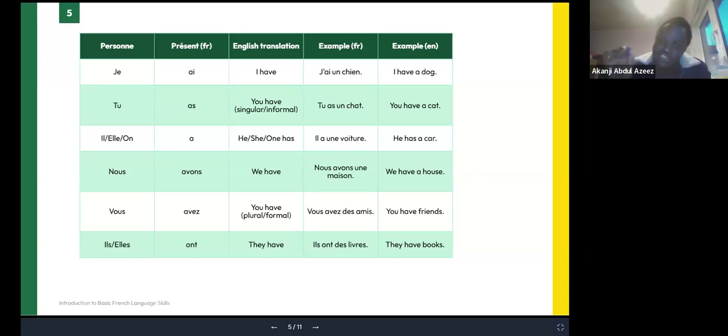Now, another work I want to give you is to look for some words in French that are feminine, those that we use une for, and masculine words in French that are nouns, those that we use un for.